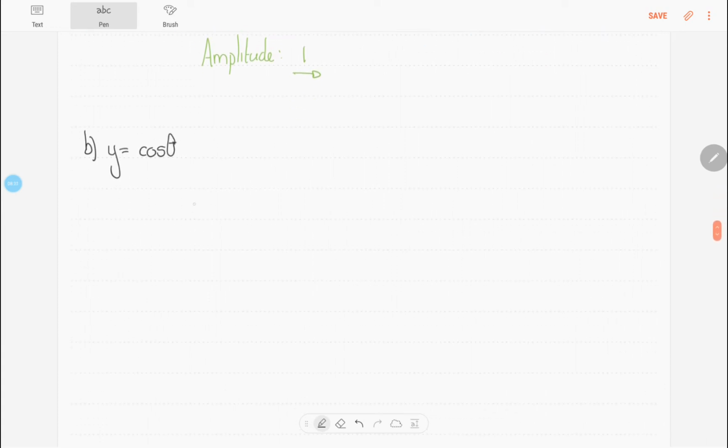So what we do, same as before, we draw in our 2 axes. For the sake of this, I'm just going to make this a bit longer so we can see it on both sides. We divide it into 4 equal parts again.